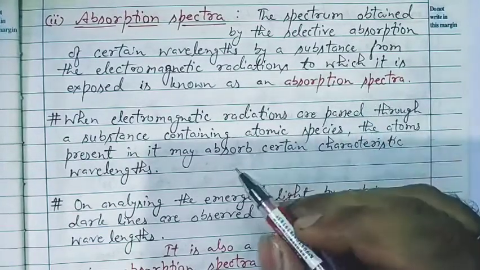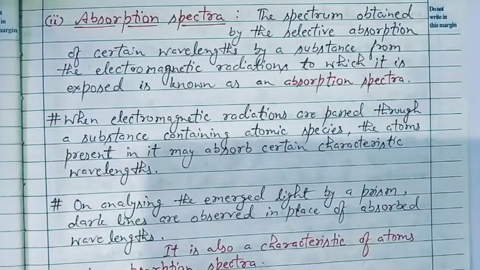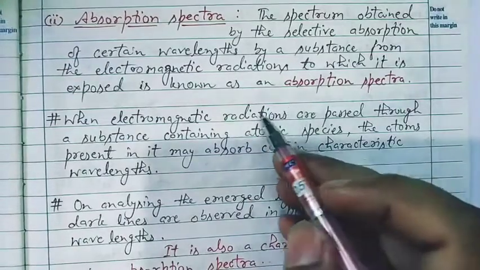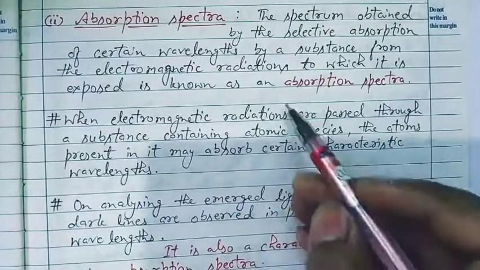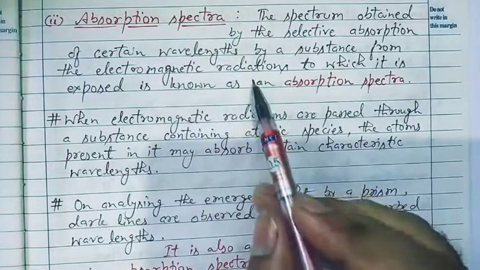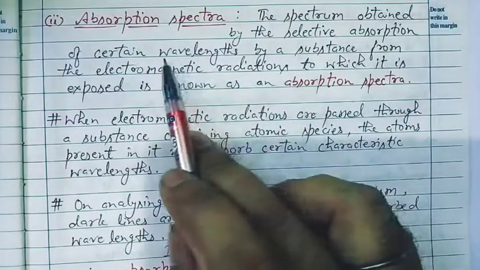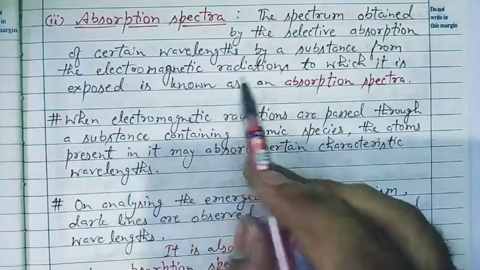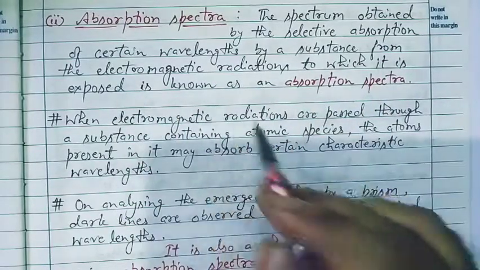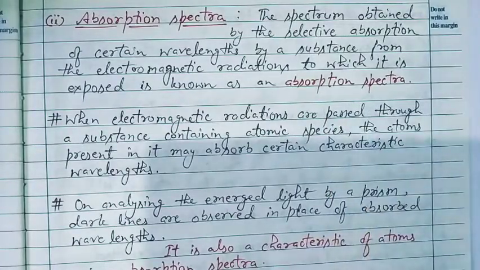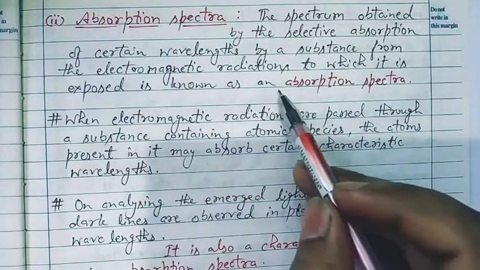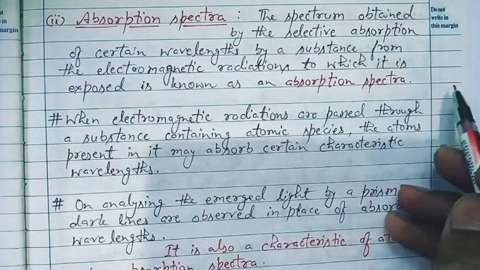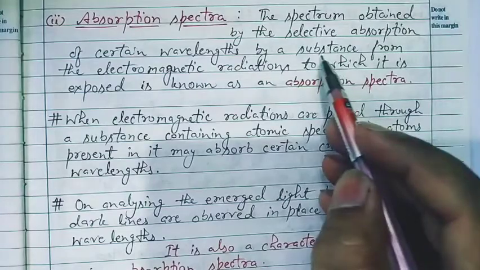Whatever energy a metal absorbs, the same energy it will also emit, right? That is given in the emission spectra. Here in the absorption spectra, the energy of certain wavelengths is absorbed by the substance from the electromagnetic radiation to which it is exposed, clear? So the remaining part of that spectrum gives us the absorption spectra, and there will be dark lines where energy is absorbed by the given substance.